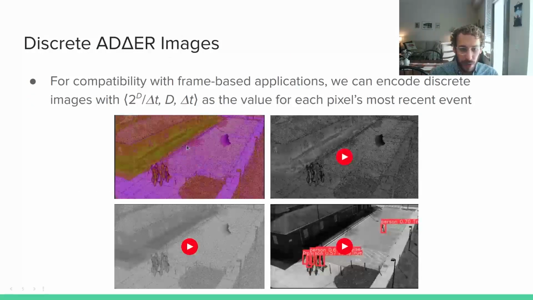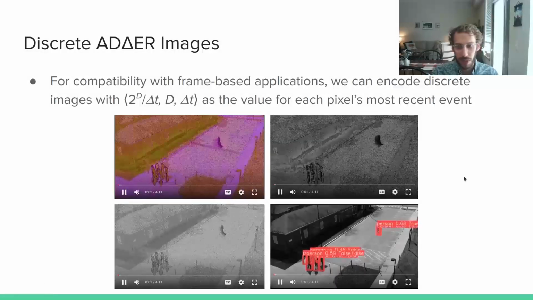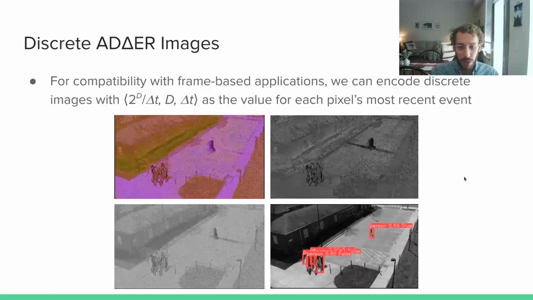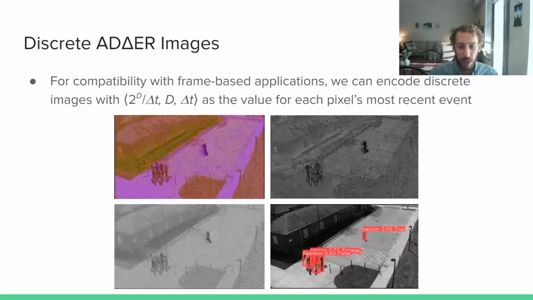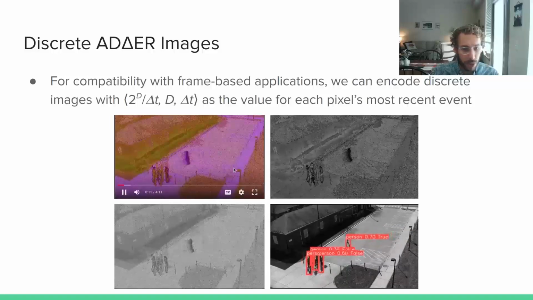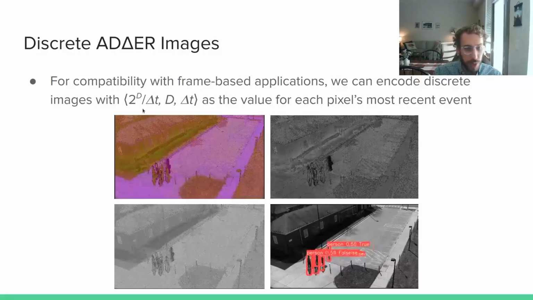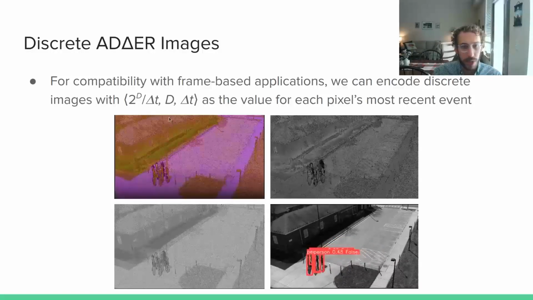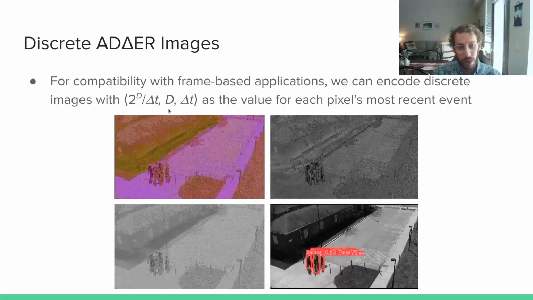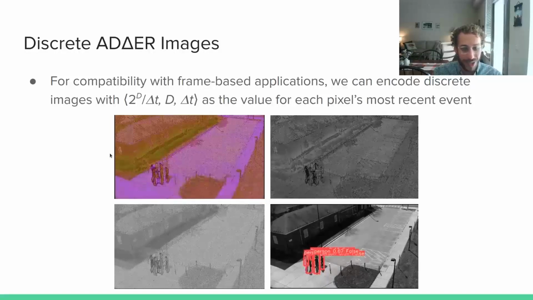We can see this displayed here where we visualize these ADDER events. This is taking a frame video, transcoding it to ADDER, and we can look at the different channels. These ADDER images have each channel as a different piece of the ADDER data: the overall intensity, the decimation factor d, and the delta t. It looks really wonky because it's not just displaying intensity like we typically do with an image representation.